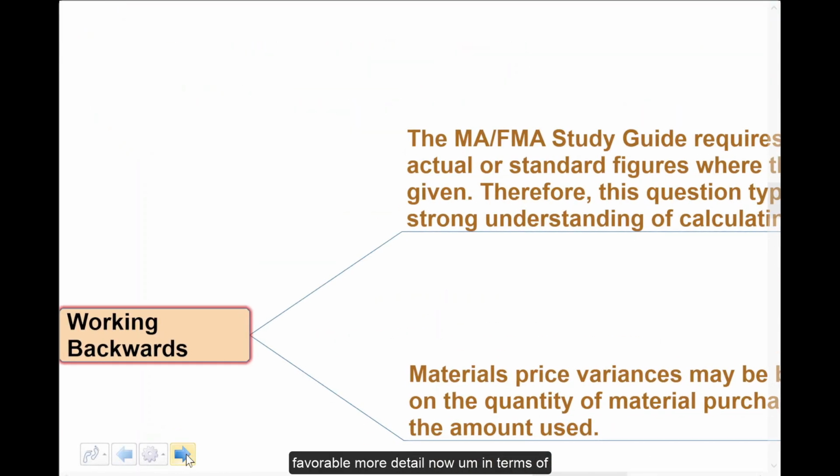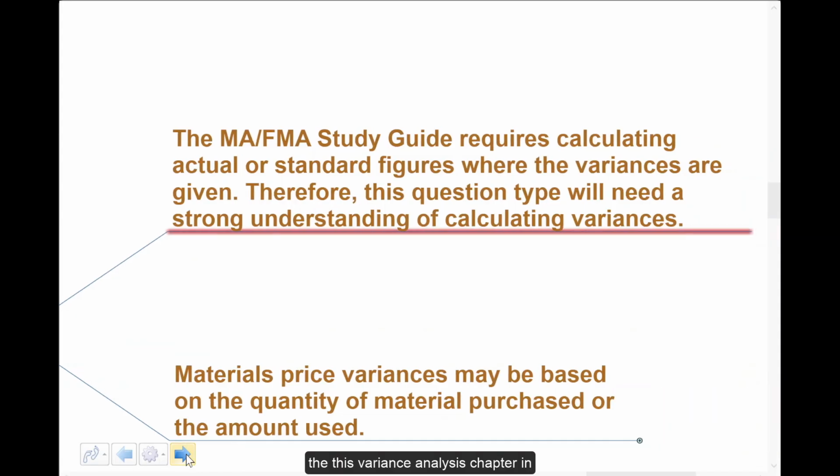More detail now in terms of working backwards. You'll see this section referred to in various parts of this variance analysis chapter. In essence, working backwards means that the study course for MA, and certainly FMA as well, generally requires calculation from actual or standard figures where the variances may be given.